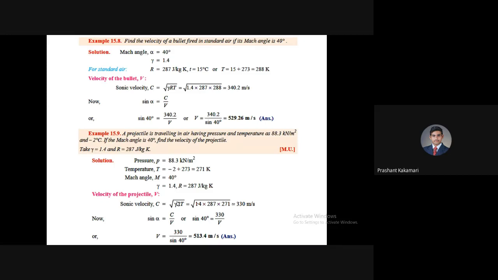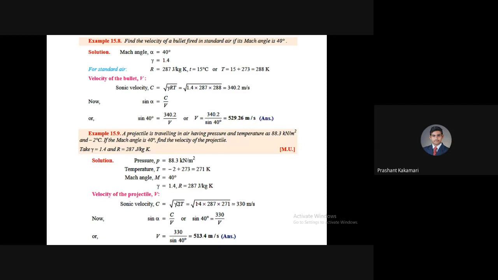Now standard air is given, so you can take the properties of air. R as 287 joules per kg Kelvin, as in the earlier problem. Gamma you can consider 1.4. Then temperature they have taken 15 degrees centigrade for standard air. Please observe what temperature can be considered for standard air. Here they have converted 15 degrees centigrade into 288 Kelvin.